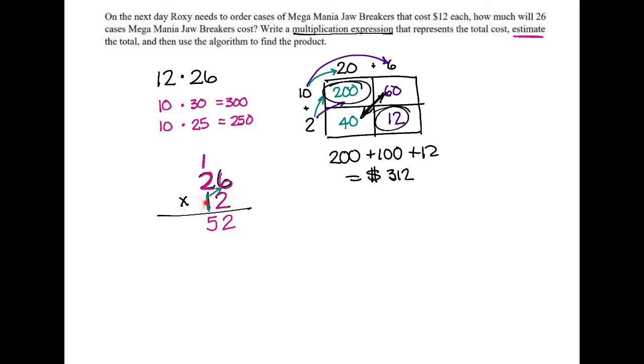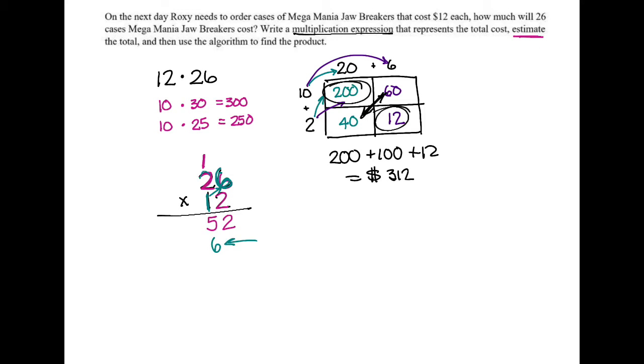Okay, so 10 times 6 is 60. So I can't put the 6 here in the ones place because it represents a 60. It needs to move over 1 column and be put in the tens place. Okay? So 1 times 6 is 6, and it's shifted over 1 place at the bottom.